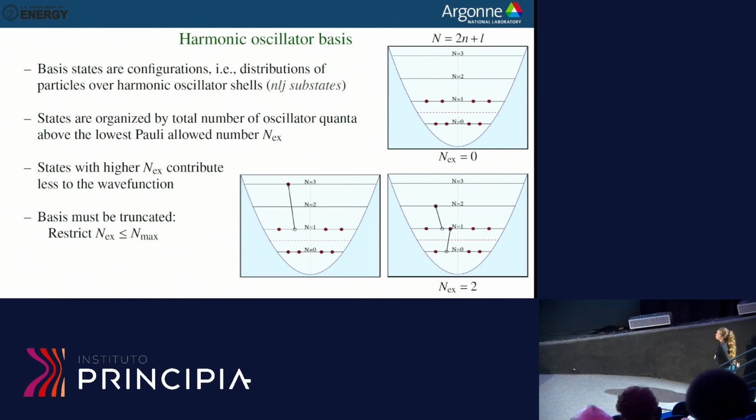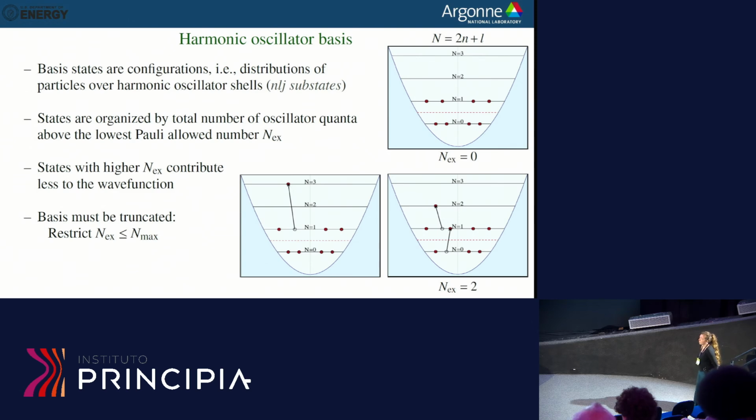The basis states are configurations, which are distributions of particles over harmonic oscillator shells, or Slater determinants. The states in this basis are organized by number of oscillator quanta above the lowest Pauli-allowed configuration. So for beryllium-8, the lowest Pauli-allowed configuration has 2 protons and 2 neutrons in the N equals 0 shell, and 2 protons and 2 neutrons in the N equals 1 shell. This is what I call N excitation equals 0, or 0 excitation quanta.